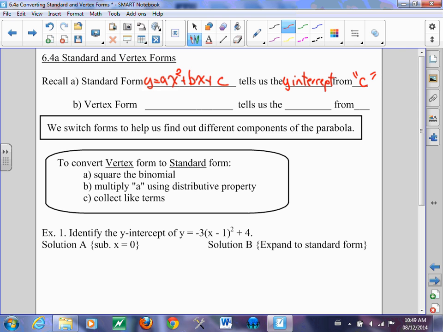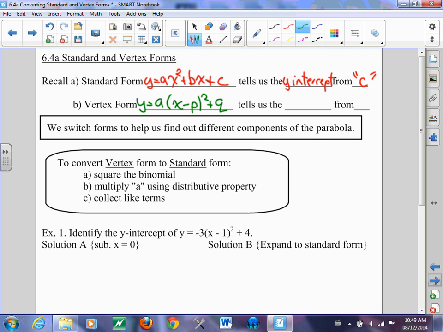So that's why sometimes we're going to switch to standard form to find the initial height of the ball, or the initial start value, or the startup cost of a business, because that's going to give you your y-intercept.